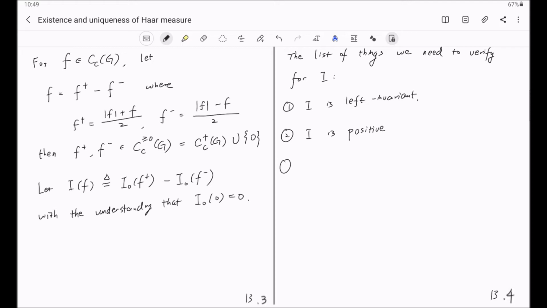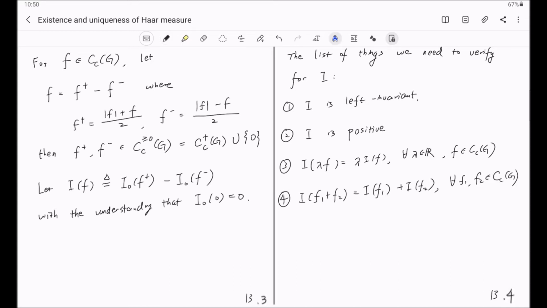Third, we need to verify that I commutes with scalar multiplication. And fourth, we need to verify that I preserves addition. After the verification of all of these, we can conclude that I is a left invariant positive linear functional on C_c(G), which will induce a Radon measure on G by the Riesz Representation theorem.